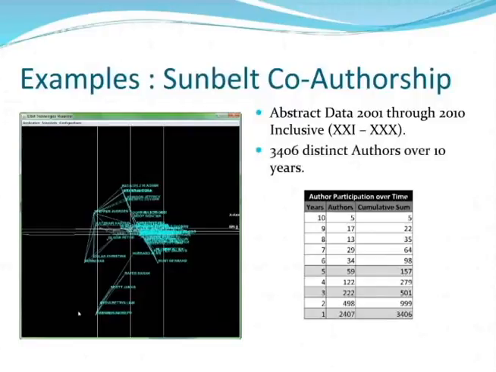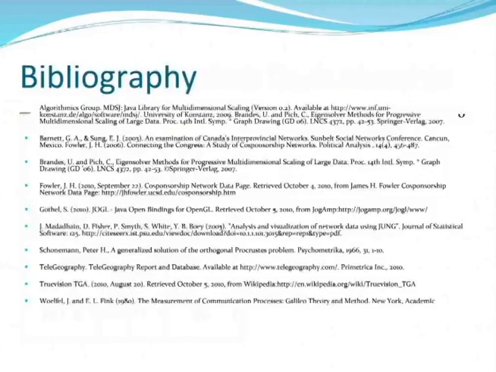Okay, finally, for Sunbelt in 2011, in February, I am working on a series of data that covers 2001 to 2010, all of the abstract data. I am specifically looking right here at author relationships, okay, and their co-authorship of papers at the Sunbelt Conference.